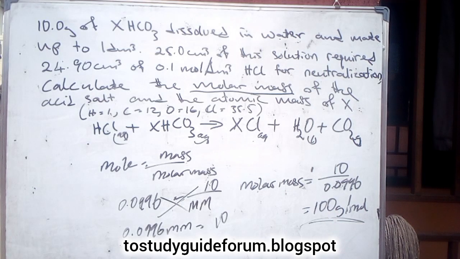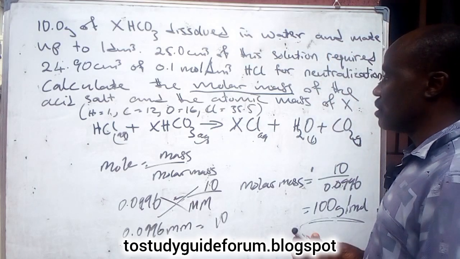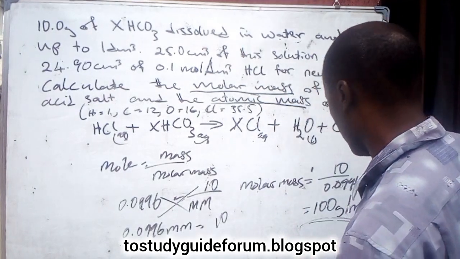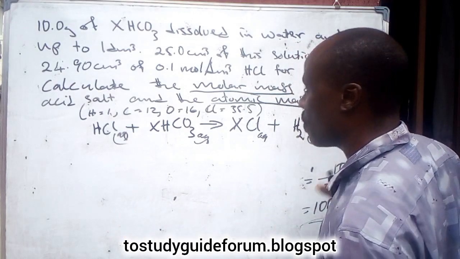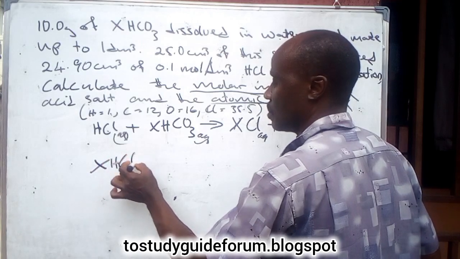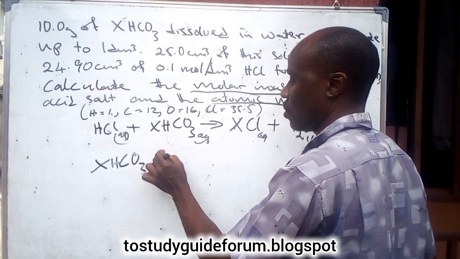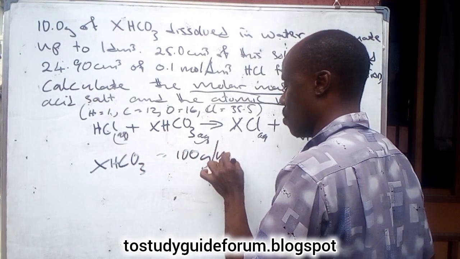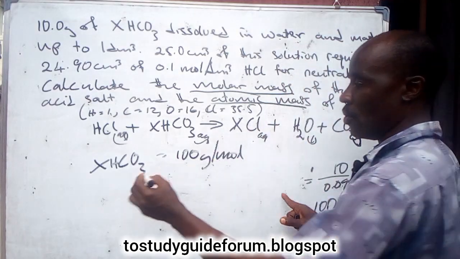Now going over to the next one, we are going to be solving for the atomic mass of X. Since we have the molar mass now, and we know that XHCO3 is equal to 100 grams per mole, and X is unknown.